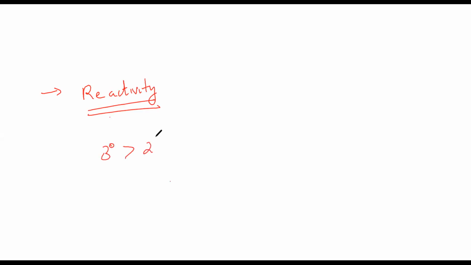Tertiary is greater than secondary is greater than primary greater than CH3. Okay. So tertiary alkyl halide, which means what? Third degree. If you don't know what is third degree, which means what? R, correct? Carbon is there, one more R, this R. This is one halogen. This is my third degree, tertiary. Secondary meaning what? Here there are 3 R's, correct?